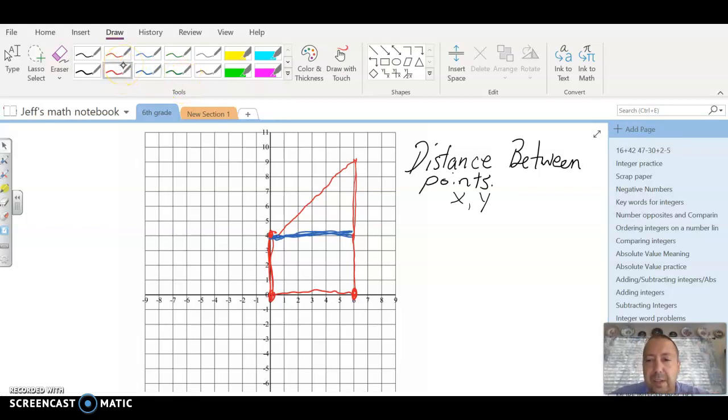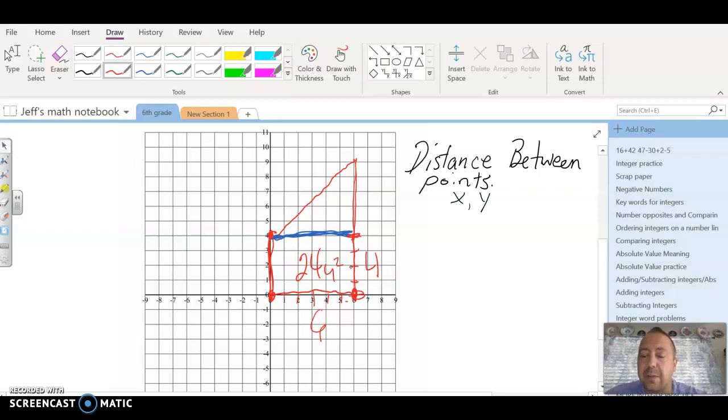So if I look at the rectangle I created, I can see that one of the sides has a length of 1, 2, 3, 4, 5, 6. And then if I go up to here and here, I have 1, 2, 3, 4. So my rectangle is 24 units squared.